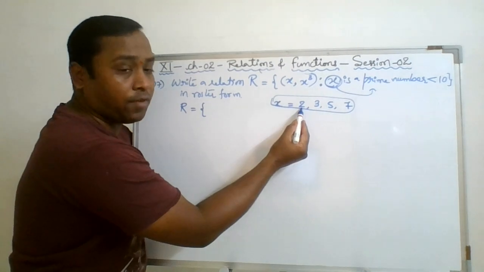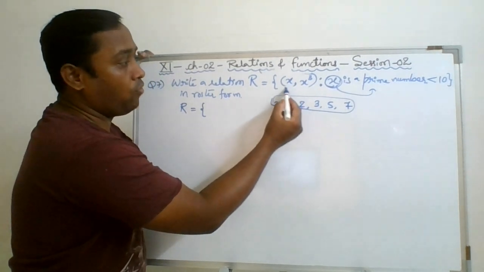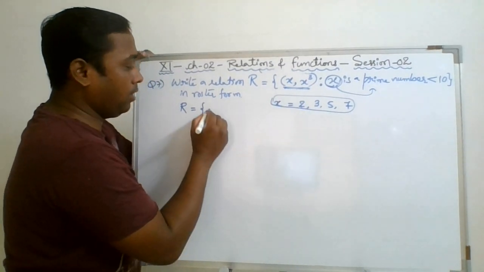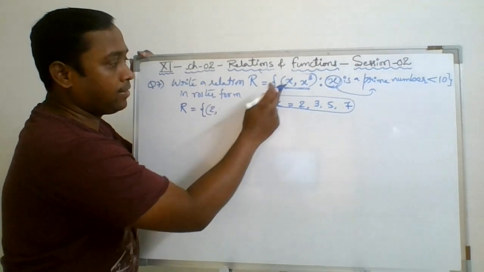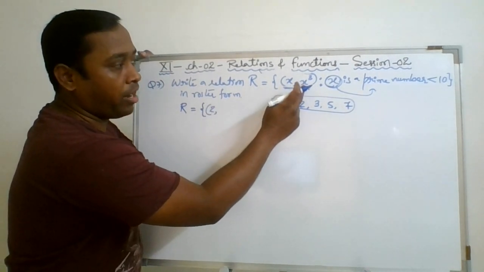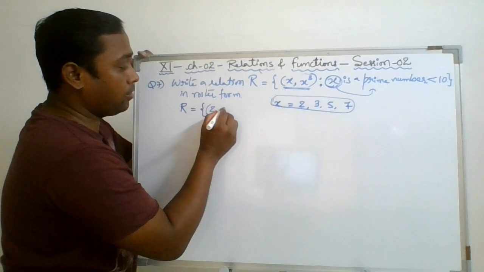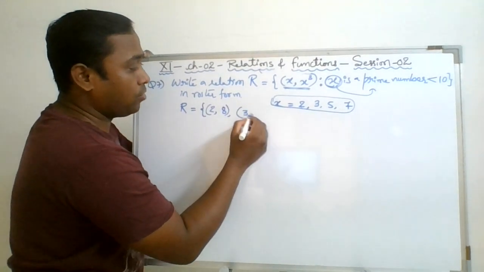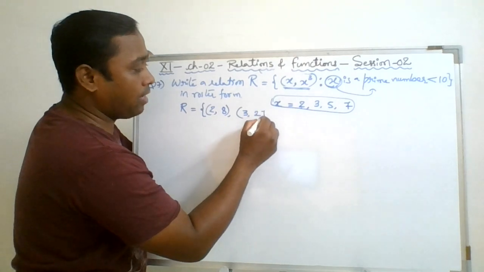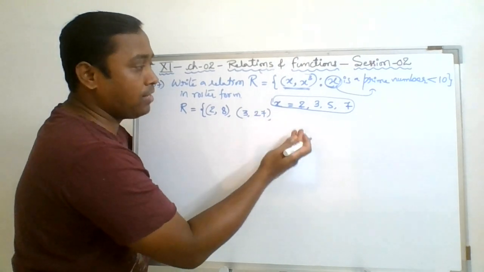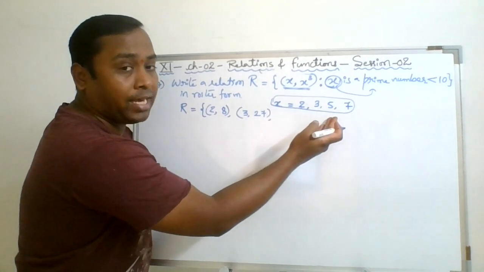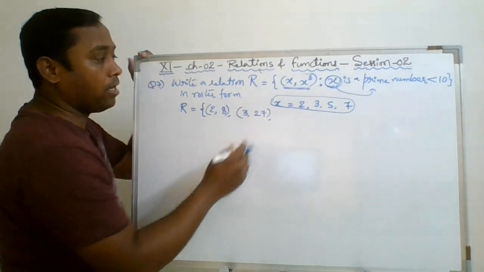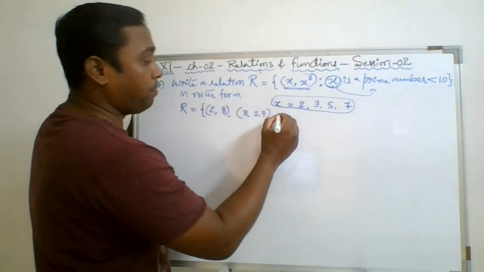First, I will take the first prime number 2. Then what type of ordered pair will I get? In the relation, if x is 2, then my second coordinate will be x cube, that is 2 cube, which is 8. Then x is 3, so 3 cube will be 27. So I am getting the ordered pairs by substituting the value of x in the given relation.